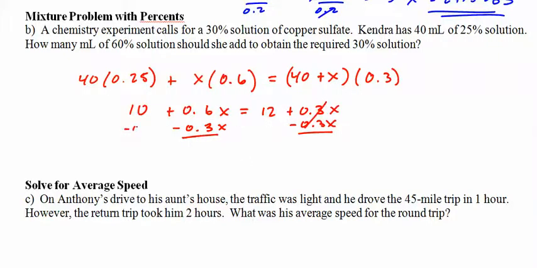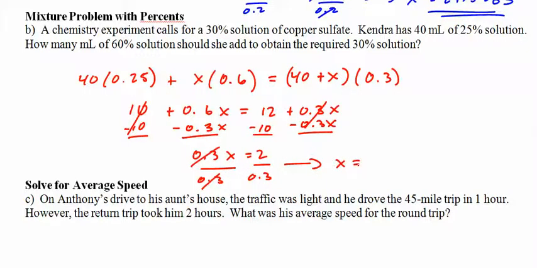Move things left to right, up, down, over, under. 0.3x equals 2. Divide by 0.3. X equals 6 2/3 milliliters. And that's it.